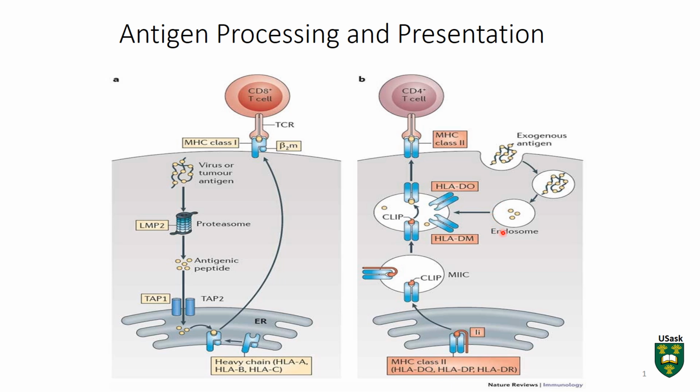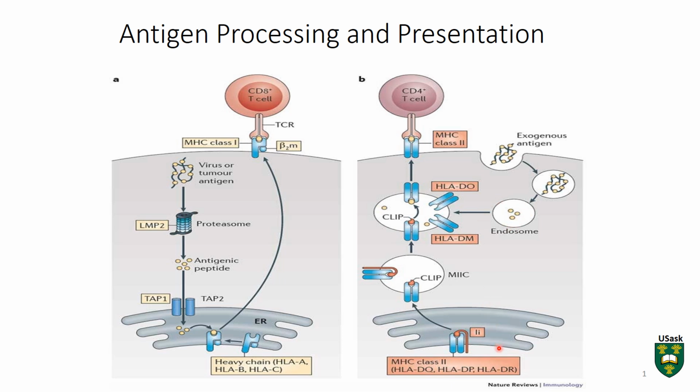As a result of the enzymes in the lysosome, the pH of the endosome decreases, and the decrease in pH will chop up or break down this exogenous peptide into small molecules.